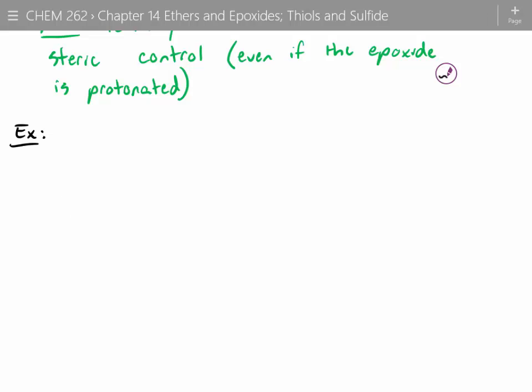So let's say we have this epoxide and we protonate it. We know protonation is going to be the fastest reaction in chemistry. If we add in some sort of nucleophile, we would say it should attack the more substituted side, but in this case, it's a secondary carbon on the more substituted side.